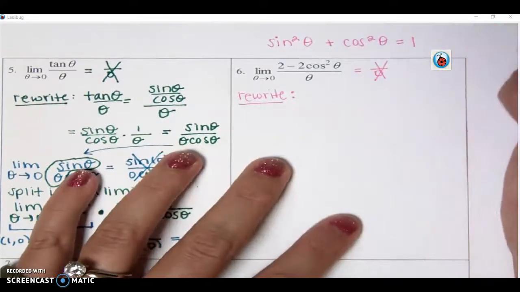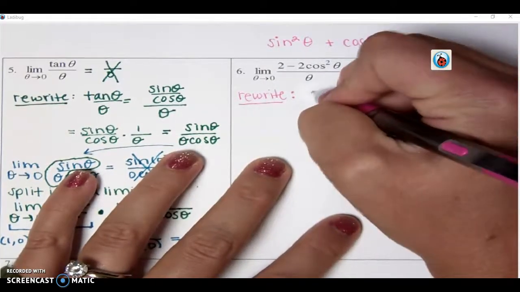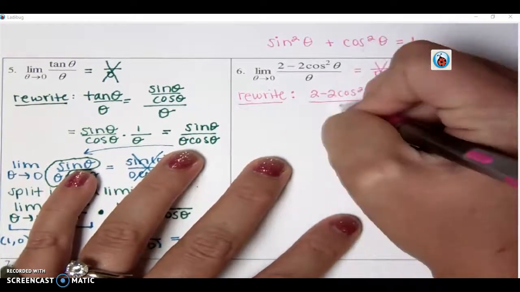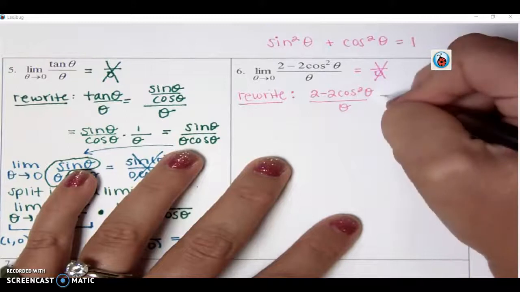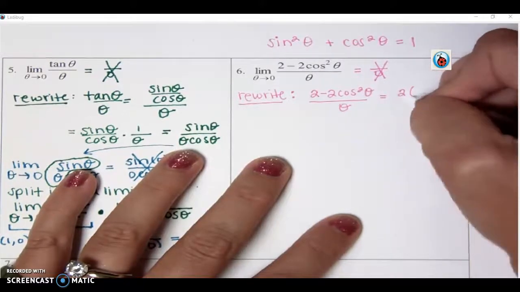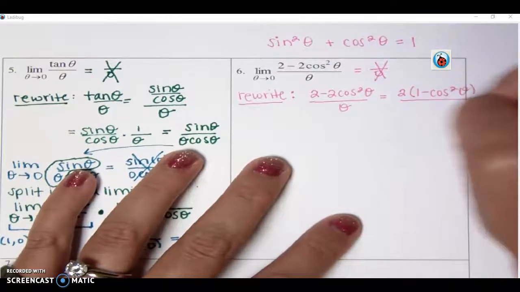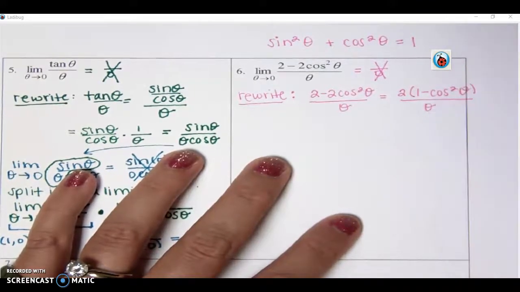So to rewrite here, I'm going to factor out a GCF of 2. That'll leave me with 1 minus cosine squared theta over theta.